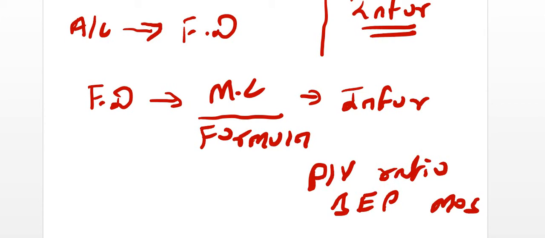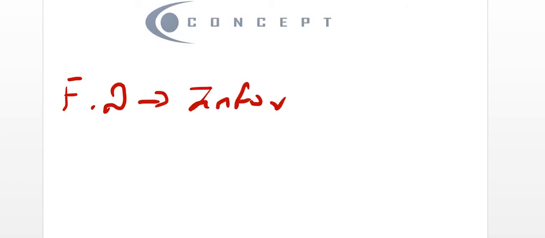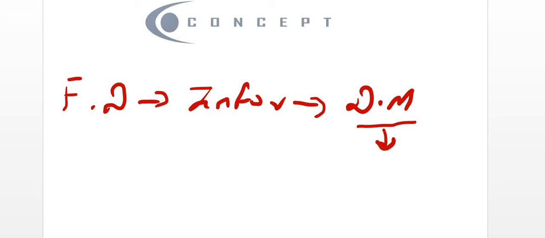So all these formulas will be utilized and the whole financial data will be converted into meaningful information. Now once you have converted the financial data into meaningful information, this information will be provided to the decision maker, and the decision maker will use this information in order to take day-to-day decisions and short-term decisions.